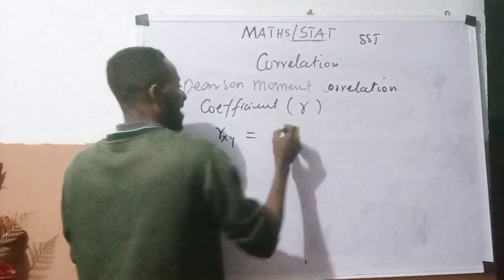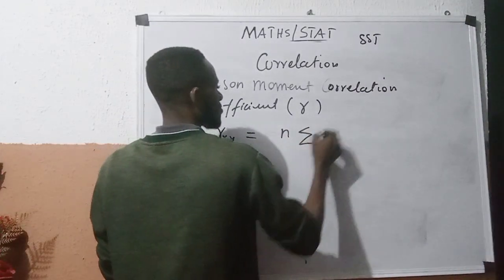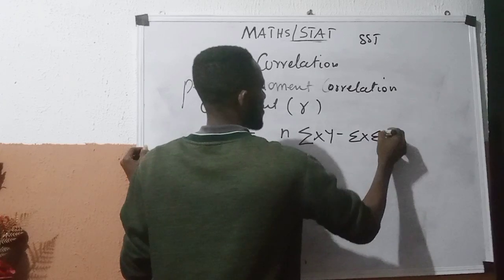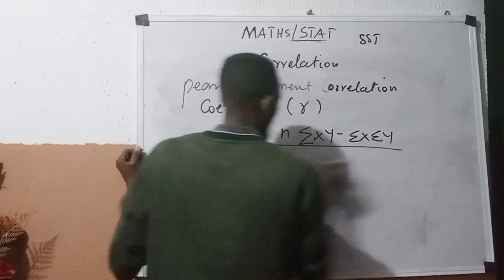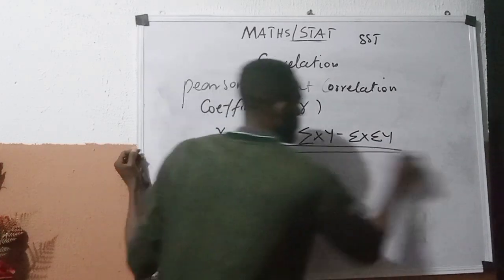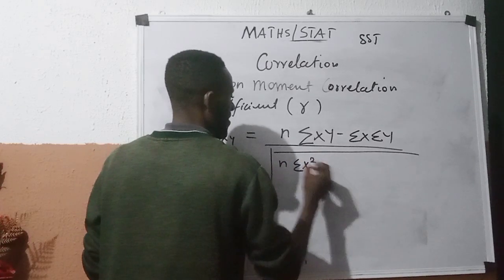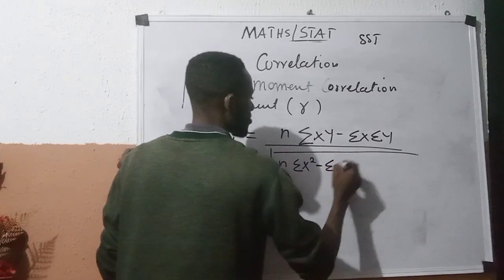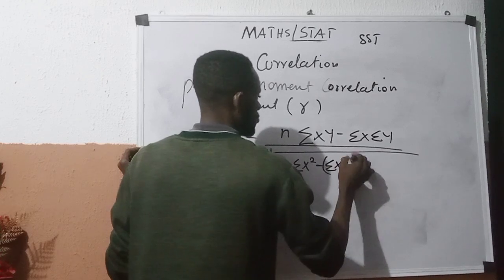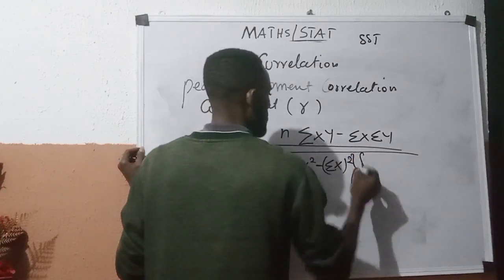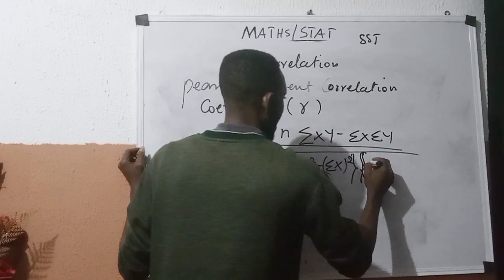Then this is given as n summation of xy, minus summation of x, summation of y, all over square root of n summation of x squared minus summation of x all squared, open a bracket, close the bracket, open again, and you have n summation of y.